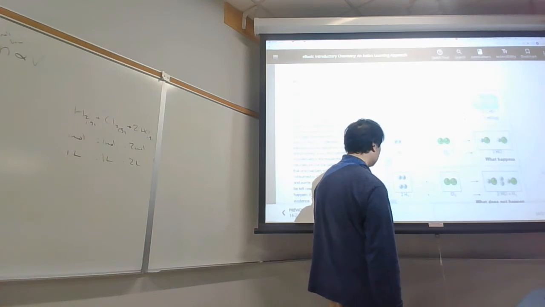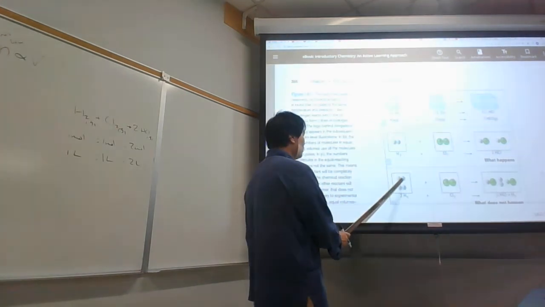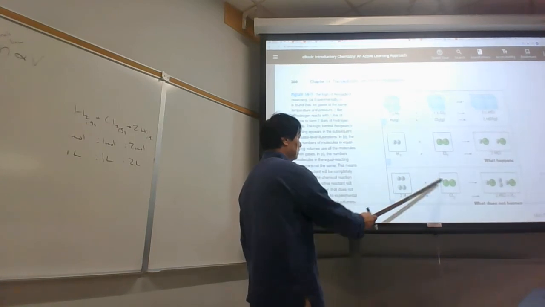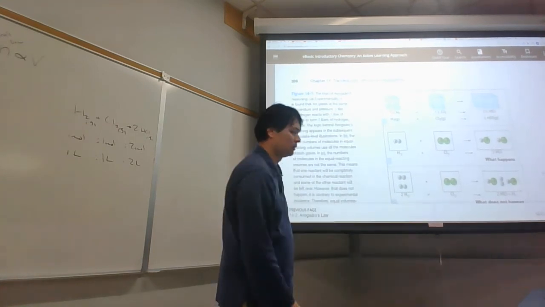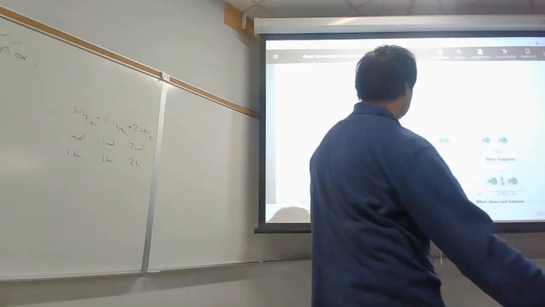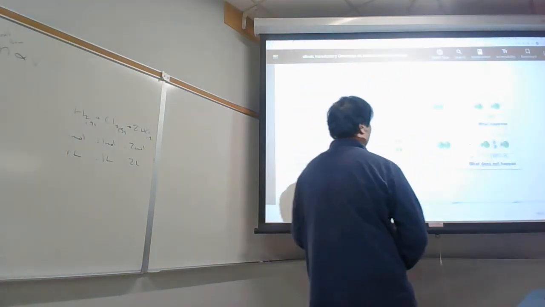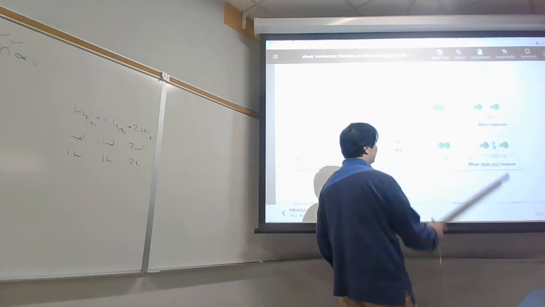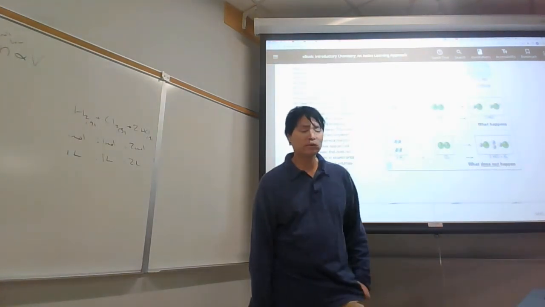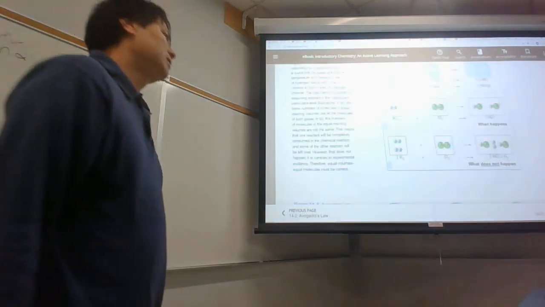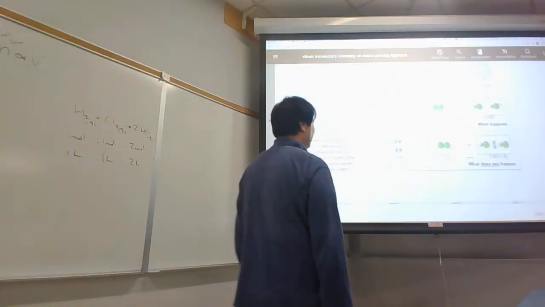That's what should happen. This is wrong. What's wrong with this? You see what's wrong with number 3? What does not happen? Why doesn't this happen? There's something wrong with that picture. Maybe they aren't at the same pressure.